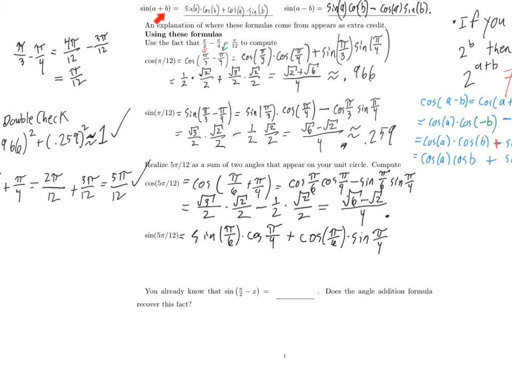I am using this formula right here. Neato. So, write down what all of those are. Sine of pi over 6, looking at the unit circle, that's 1/2 times root 2 over 2 plus cosine of pi over 6 is root 3 over 2 times sine of pi over 4, root 2 over 2. That's root 2 plus root 6 all over 4.